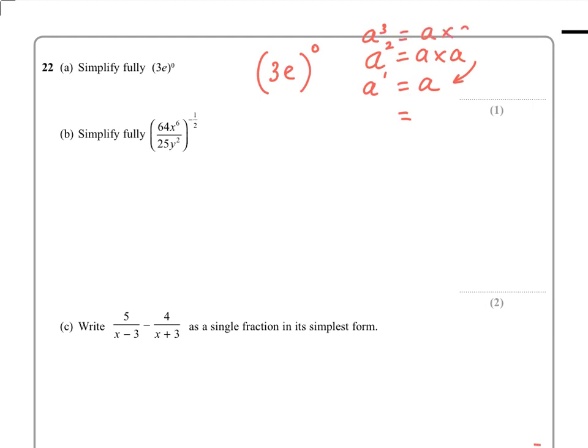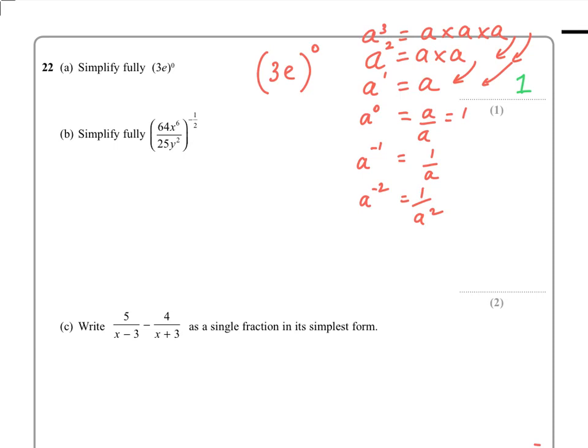That's a times a times a. What I'm actually doing to get from here to the next one, I'm just dividing by a. So a to the 0 must be a divided by a, which is just 1. And then a to the minus 1 must be 1 divided by a, and a to the minus 2, and so on. So I just want to reinforce that with you, that 3e to the 0 is just plain old 1.